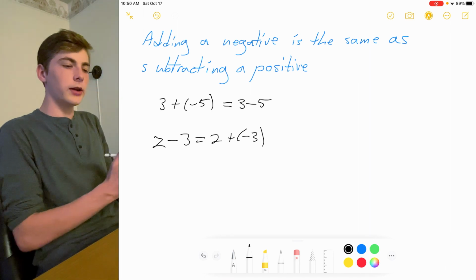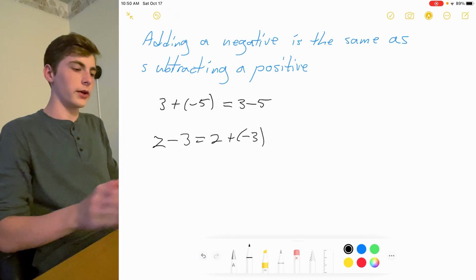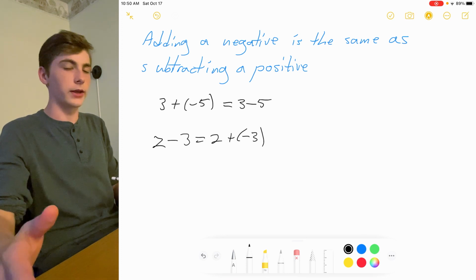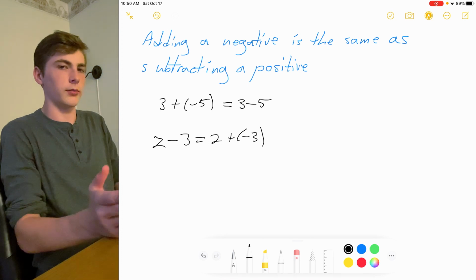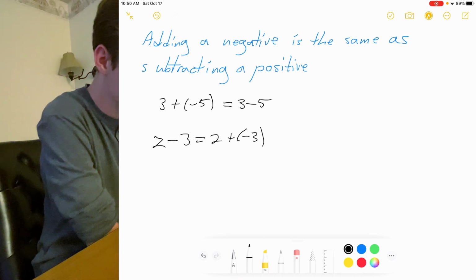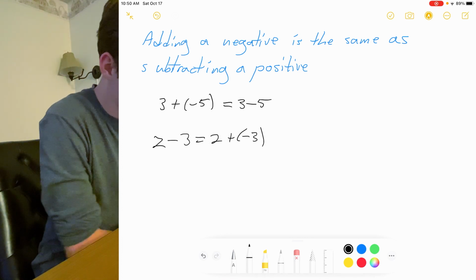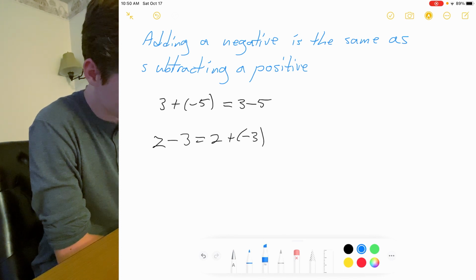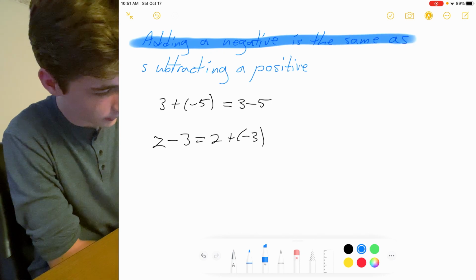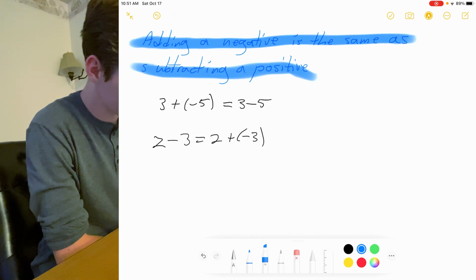It'll make more sense how this is helpful in later lessons, when we start doing more complicated expressions. But that's an important thing to remember, so let's highlight this up here. Adding a negative is the same as subtracting a positive.